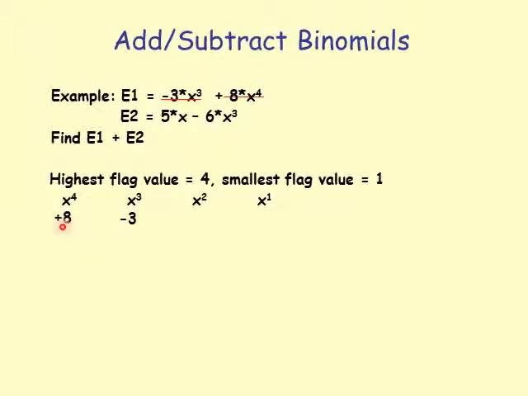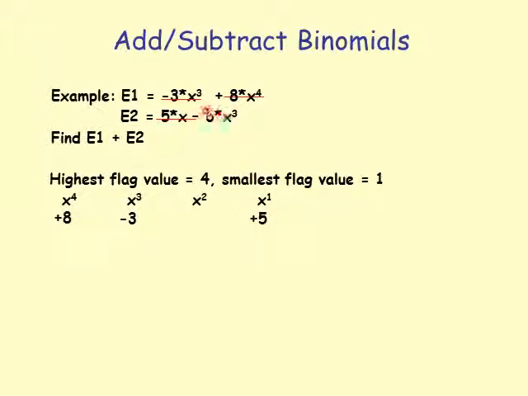So the coefficient is plus 8. That's what we write down here. Let's continue. Next is 5 times x. This is a coefficient, flag value is 1. So coefficient 5 would go under the x1 column. So we got a plus 5 here.